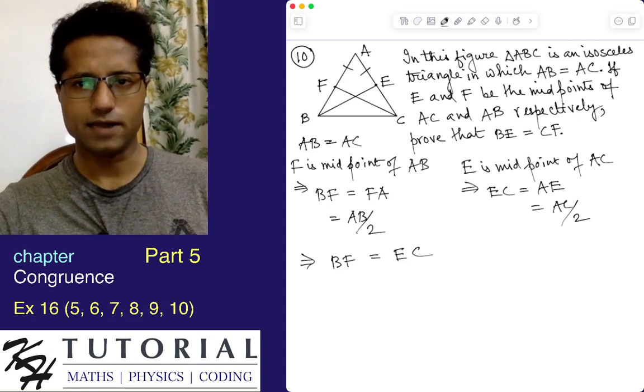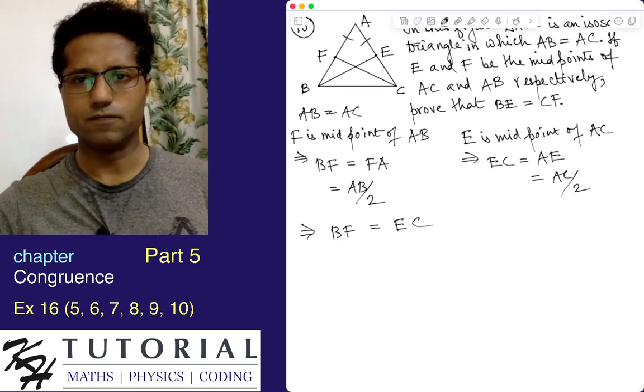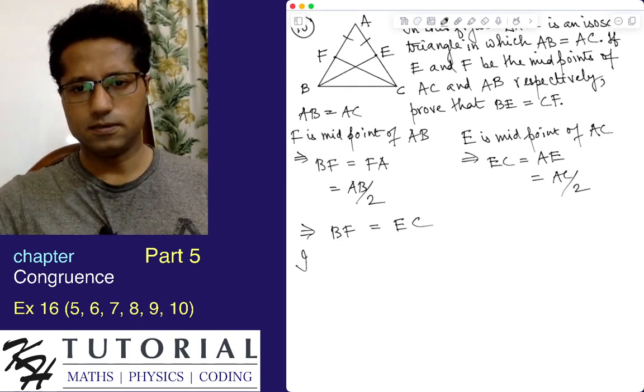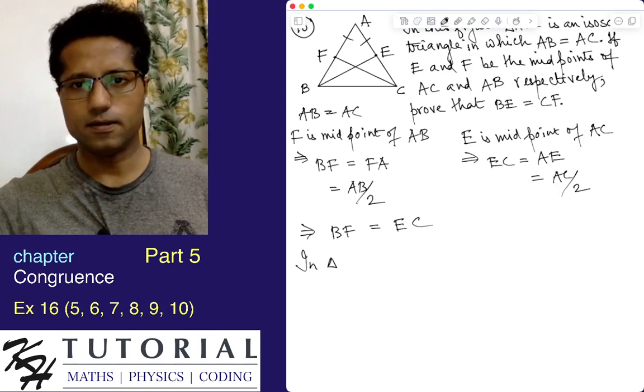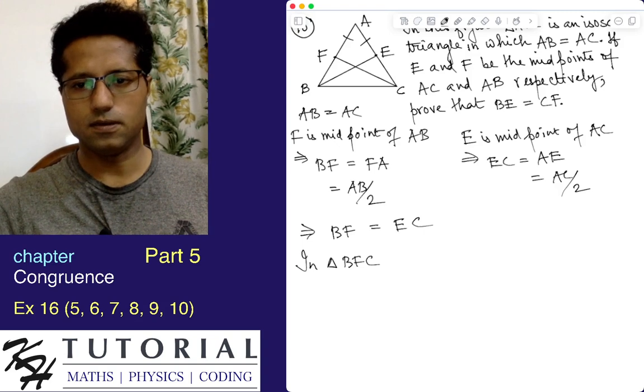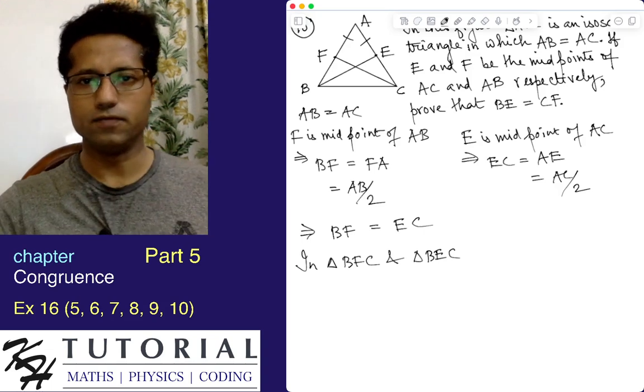Even though there are more triangles, I think these two triangles will help us to solve the problem. So in triangle BFC and triangle BEC, let's see what matching parts we get.